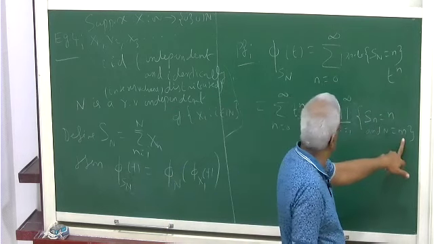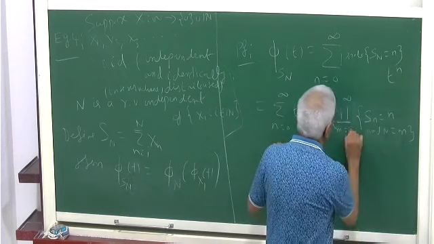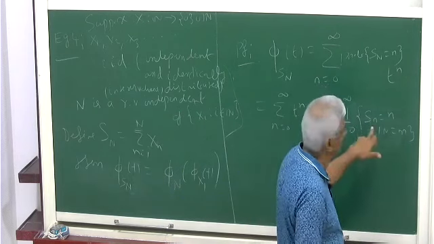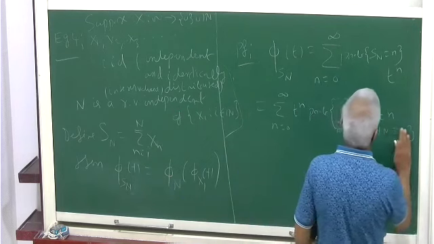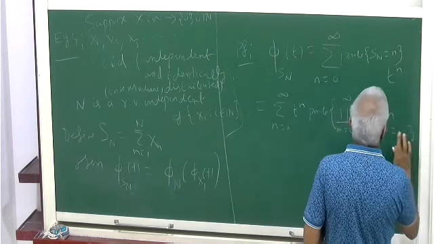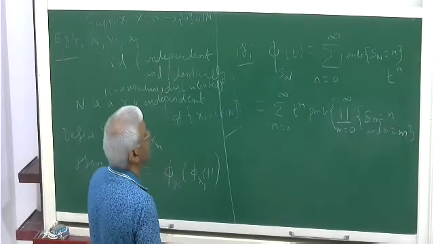N is a random variable, it takes the value m, it has to take one of these values. Now, sorry, N equal to m and S_m equal to n.